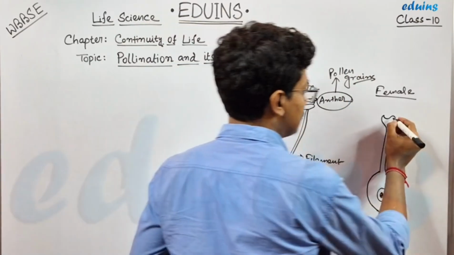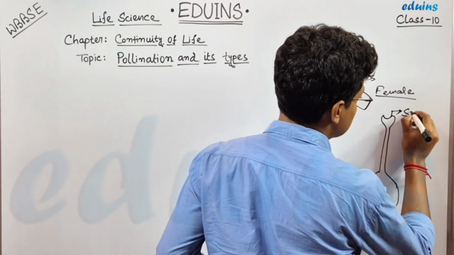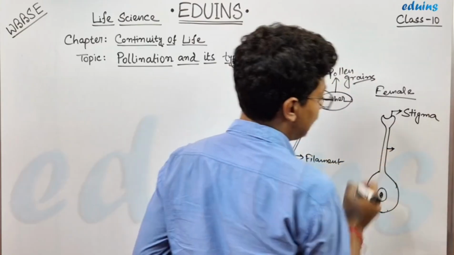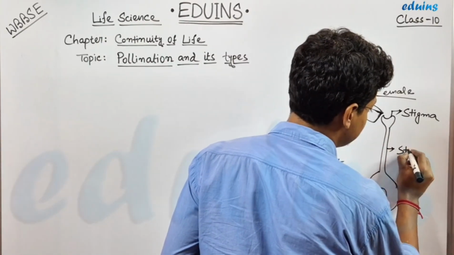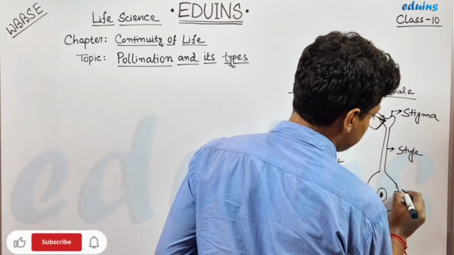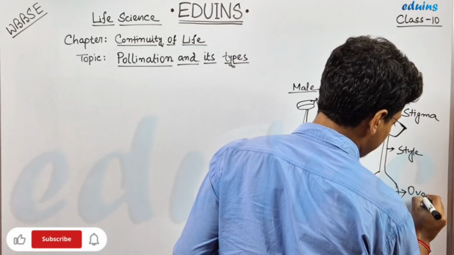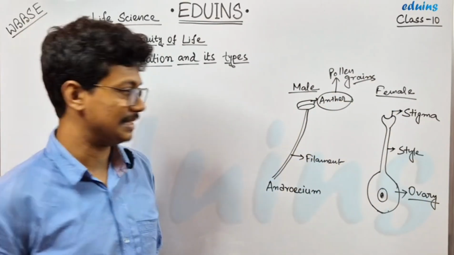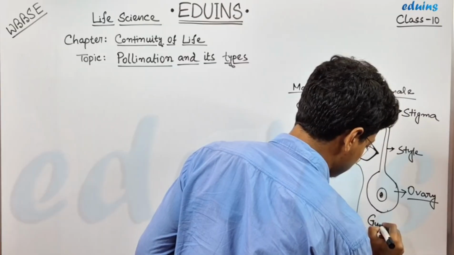The first, the topmost part, is called the stigma. The elongated neck-like or tubular part is called the style. And the bulge at the end is called the ovary, which contains ovules or eggs. These are collectively called the gynoecium.